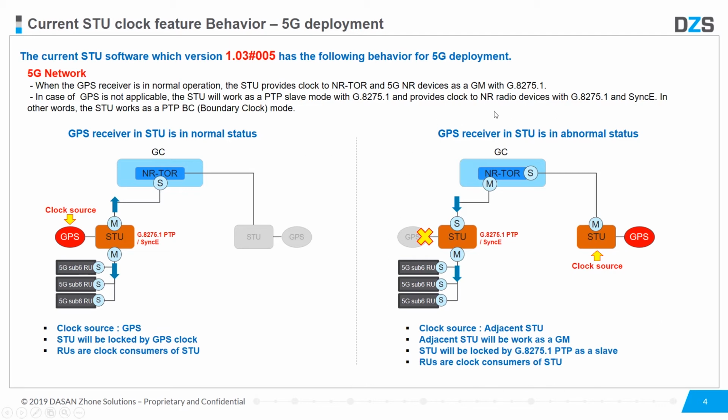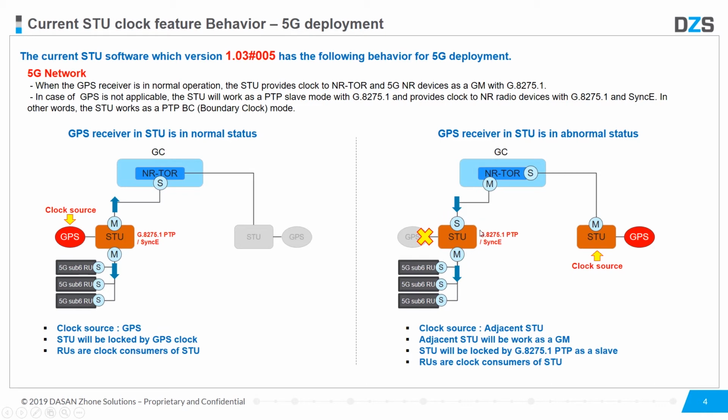On the right, let's look at the clock operation in situations where GPS connected to the STU is not available. For instance, satellite signal degradation, poor GPS cable connected to the STU, poor GPS connection, etc. STUs that cannot use GPS are not able to receive the clock source from the connected GPS.